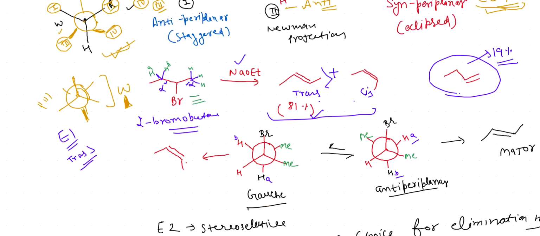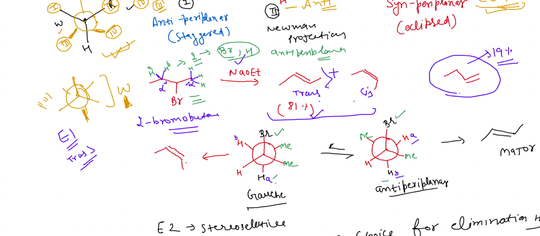What kind of two conformations? In which both bromine and hydrogen are anti-periplanar. Clear? So in this, hydrogen and bromine are present at the 180-degree angle. In this case also, hydrogen and bromine both are present at the 180-degree angle. So both the conformations are possible.